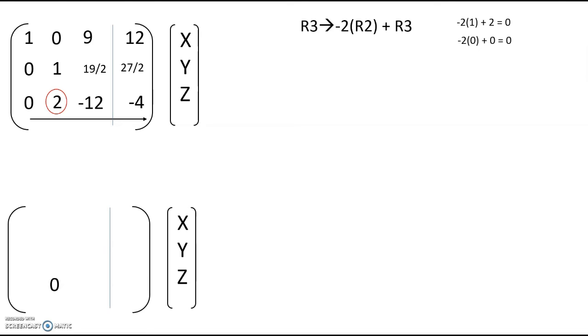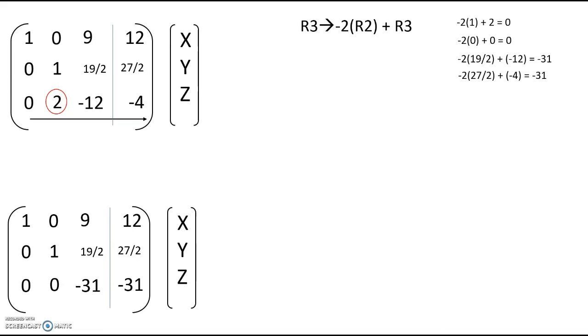So negative 2 times 0 plus 0 is equals to 0. And then negative 2 times 19 over 2 and then plus with the negative 12 is equals to negative 31. And negative 2 times 27 over 2 plus with the negative 4 is negative 31. And write everything else as the same.